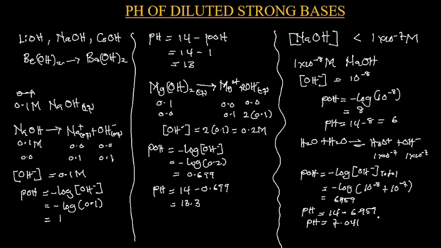This makes sense because we should be expecting a strong base such as sodium hydroxide to have a pH that is above 7. So in a situation like this, we consider the concentration of OH minus generated from water.